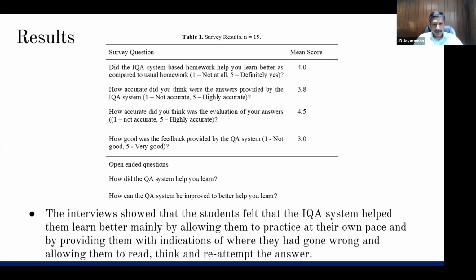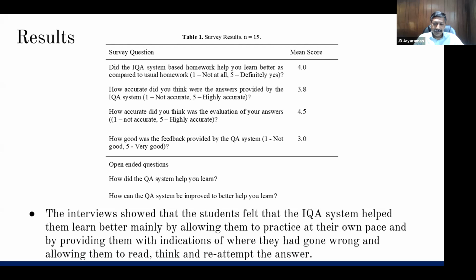And we also did interviews, like I said, with this small group of students, and asked them how it actually helped, just to get a sense for, okay, what's going on here? How is this system helping you? It was not a very structured interview. It was a more open-ended, semi-structured interview. The main thing that people said was it did let them practice at their own pace.